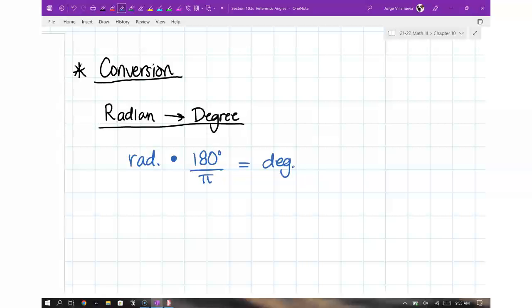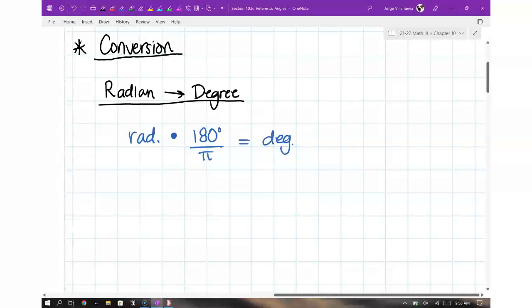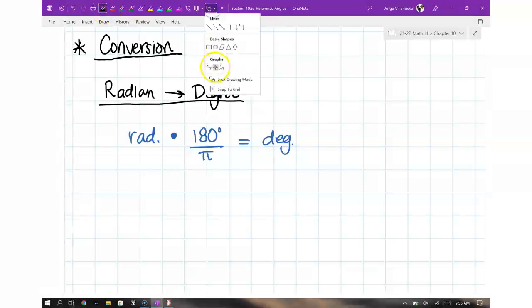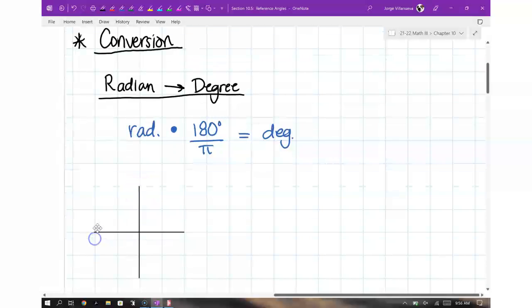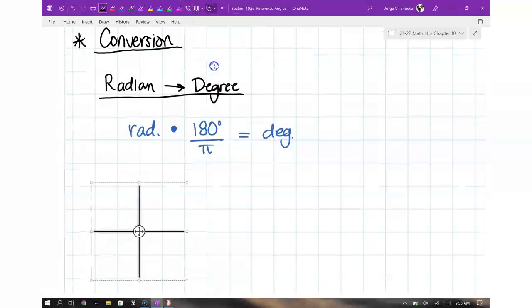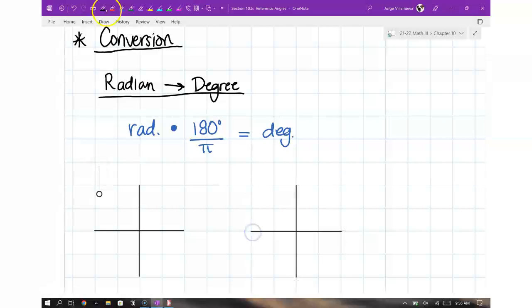Now, aside from that, it's important that you remember a couple of different angles. It's not too many of them, but a couple of different ones. Let me draw a really quick XY graph here. I'm going to draw two of them. I just want to list two angles to make sure that you understand what you're looking at.